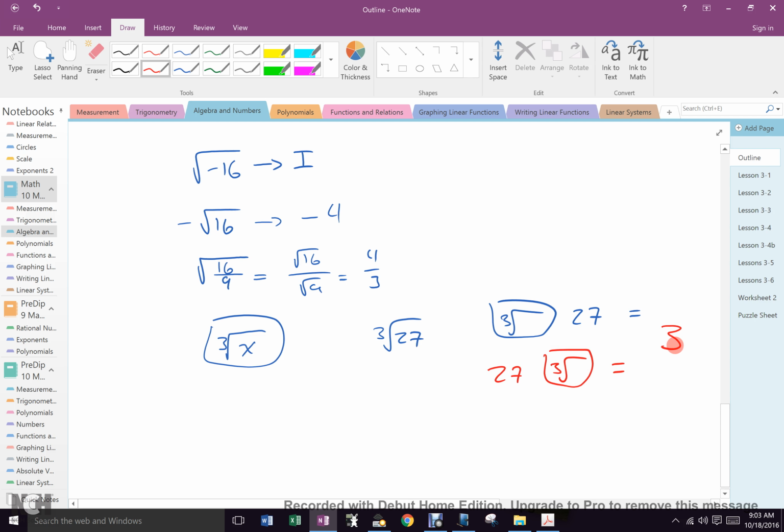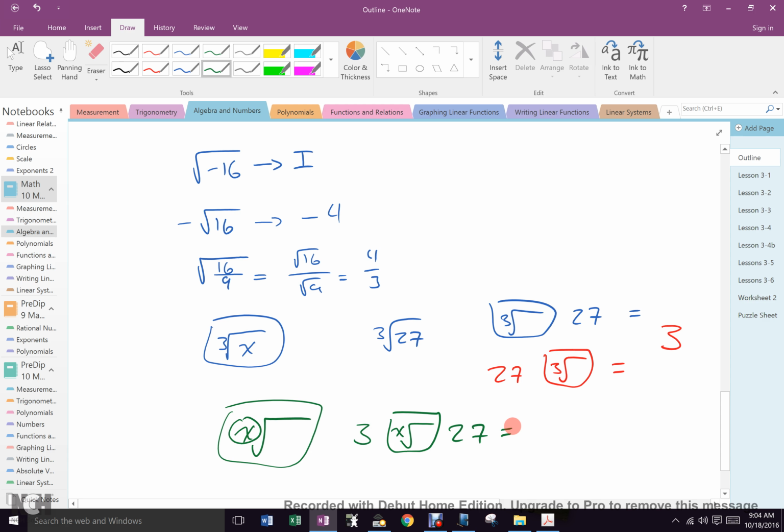Now, if you are so unlucky as to not have a cube root button, you're looking for this button, which I'll draw in green, X root. And if you've only got that button, then you've got to input your index. So it would be 3, X root button, 27 equals.